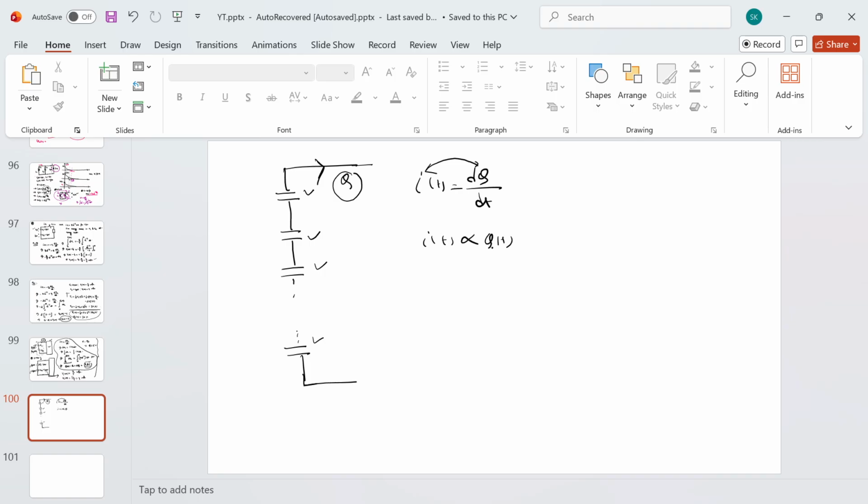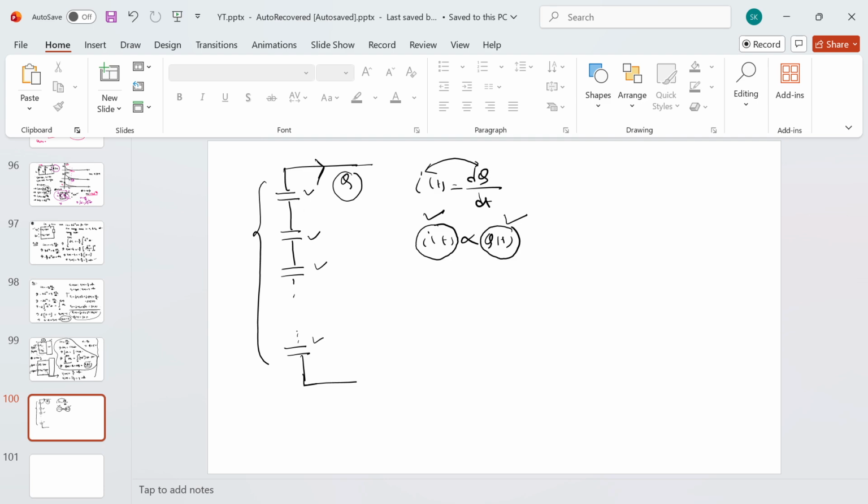So the nature of the current and the nature of the charge will be almost the same, because for a series circuit, current is always the same. If the current is the same, then the charge flow also needs to be the same, right?